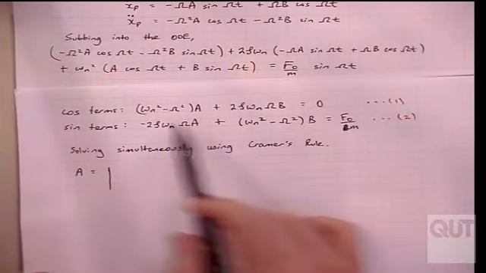Right? So if I want to solve the coefficient A, I take the coefficient matrix for the system, but I replace the column that A appears in, so the first column, with the right-hand side.